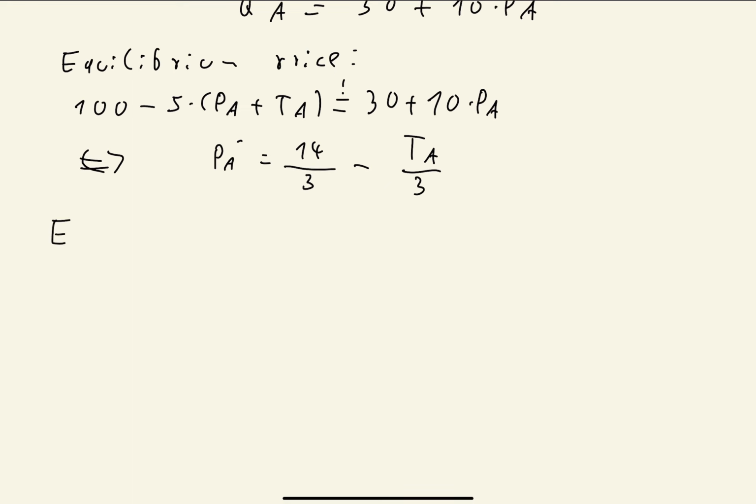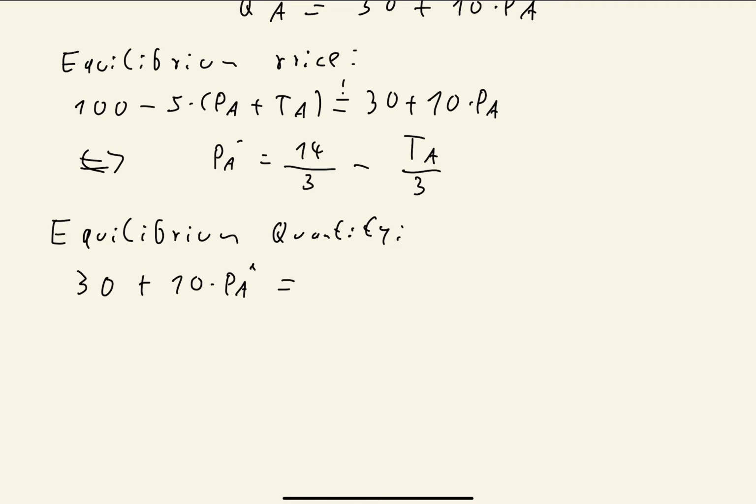If you plug this into either the demand function or the supply function, you get the equilibrium quantity. Let's plug it into the supply side, which is 30 plus 10 times PA star, and this is equal to 230 divided by 3 minus 10 divided by 3 times TA.